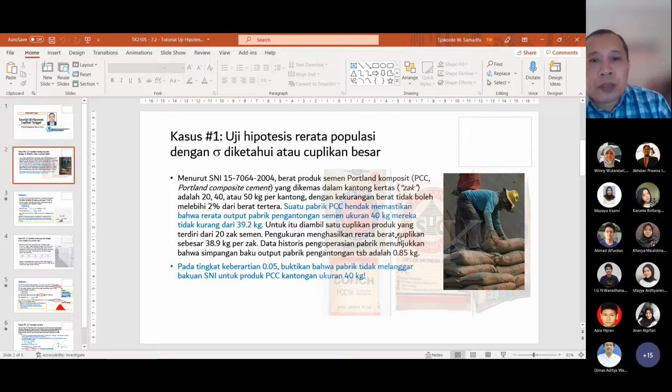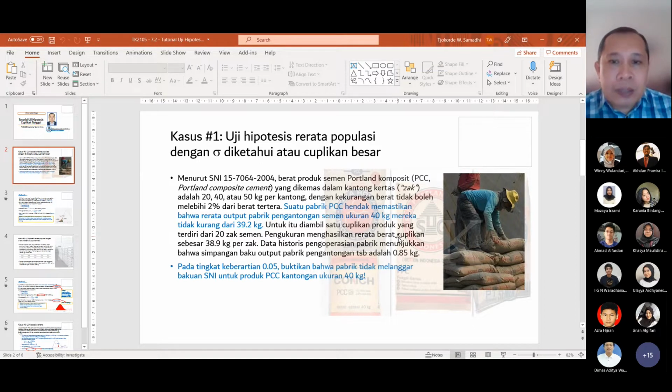So for that purpose, we take one sample of the product, which consists of 20 sacks. Jadi satu cuplikan ini isinya 20. Jadi N sama dengan 20 atau ukuran sampelnya adalah 20. And then we remove the content and we weigh the content.